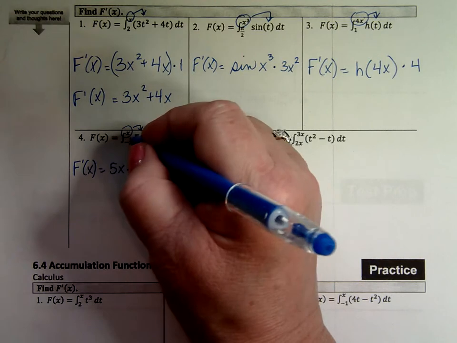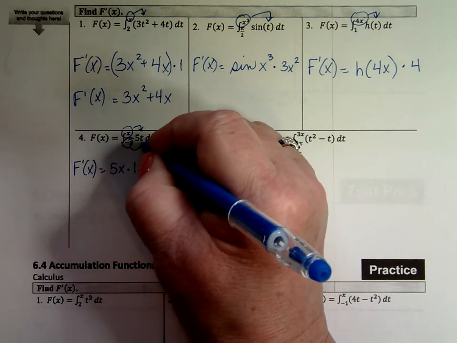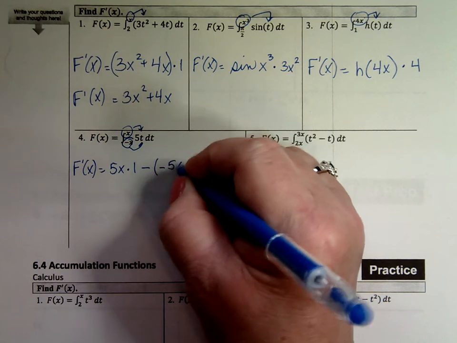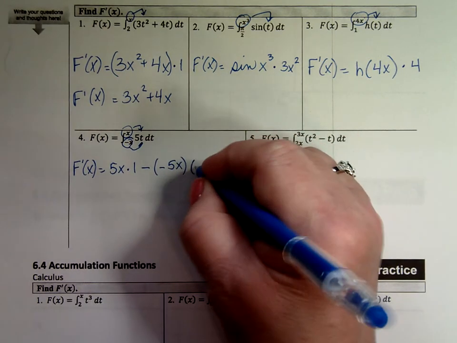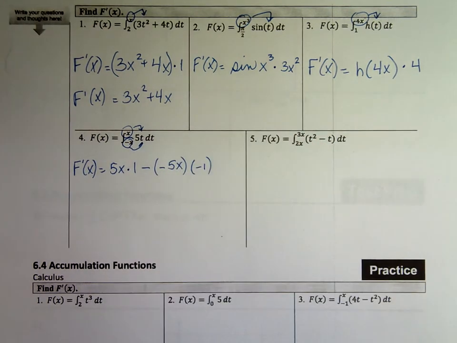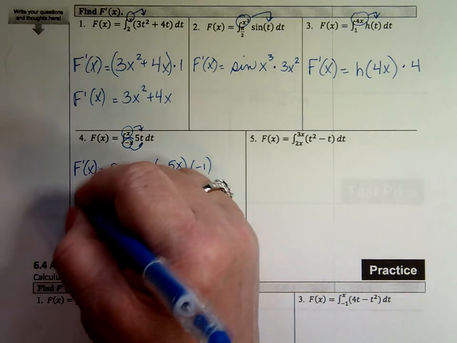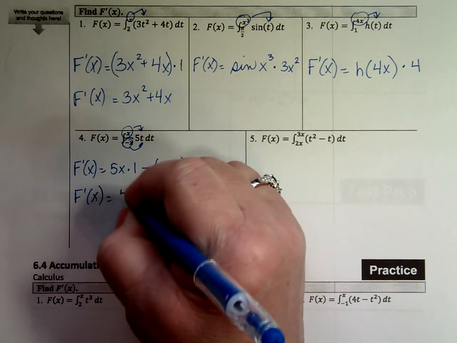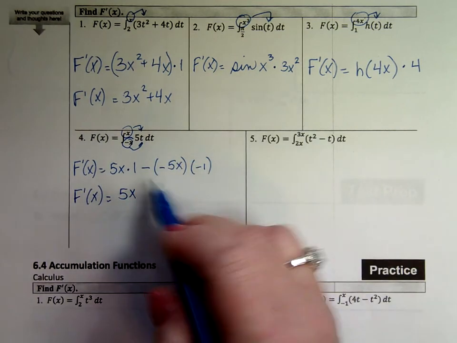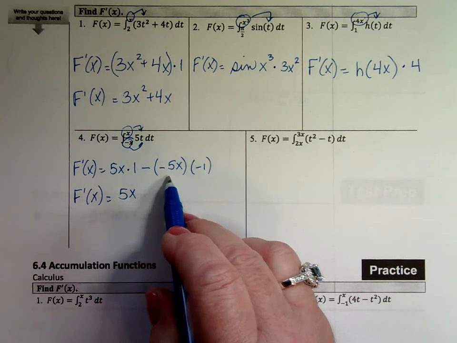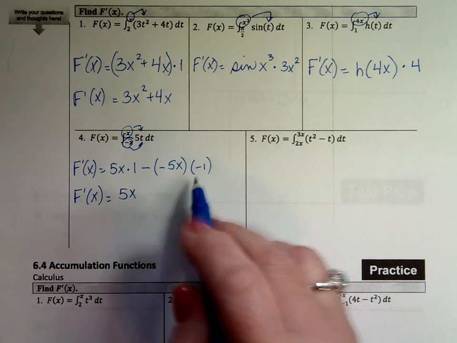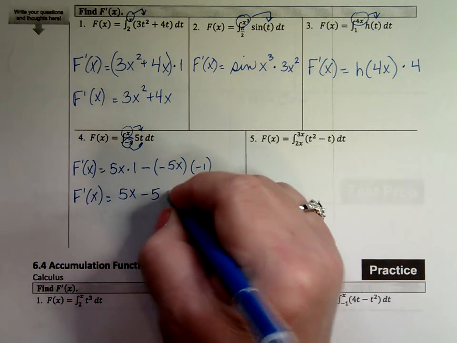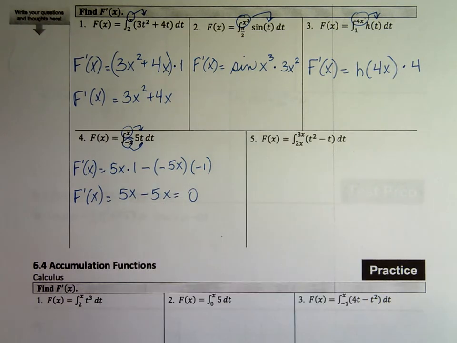Take the bottom guy, negative x, plug that in. That's going to be negative 5x times its derivative, negative 1. So let's see if we clean this up. I have 5x on the first part. I have a negative 5x, right? So it turns positive, but then it turns back to negative, and that gives me 0. So I've got a whole lot of nothing.